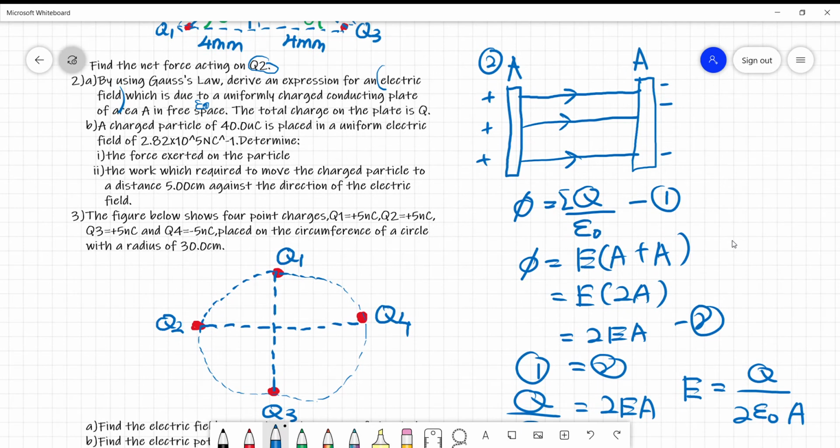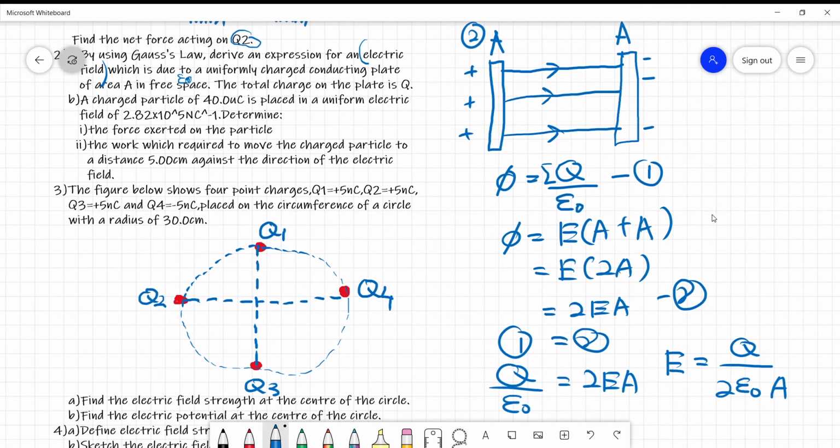This is the concept of uniform charged conducting plates, which consist of two plates.